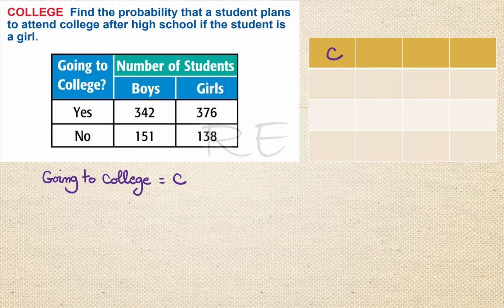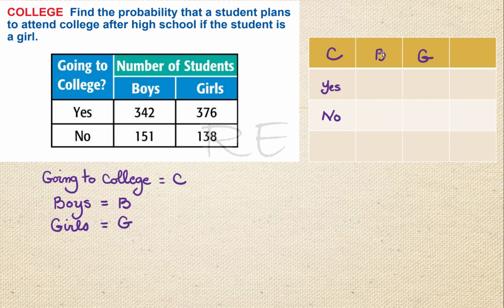Going to college will be C, capital C. Boys will be B, capital B. And girls are going to be capital G. Now, we'll just leave yes as yes and no as no.